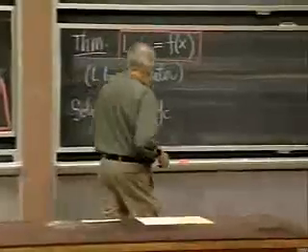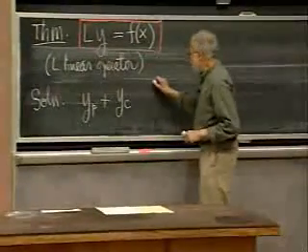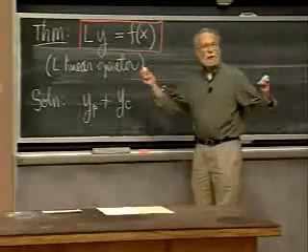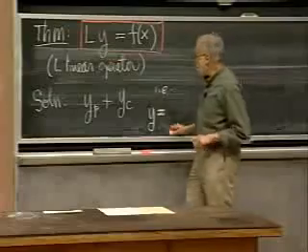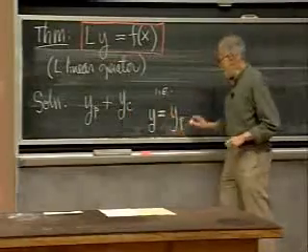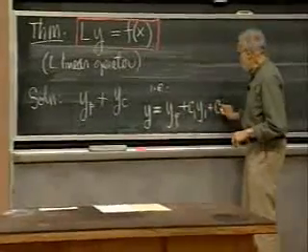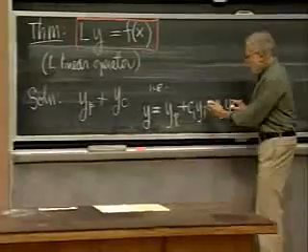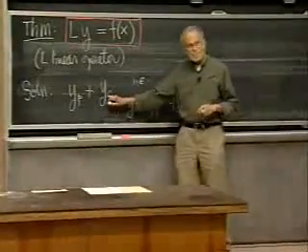In other words, if I write this out in more detail, the general solution looks like y equals y sub p, plus an arbitrary constant times y1 plus an arbitrary constant times y2, where these are solutions of the homogeneous equation.